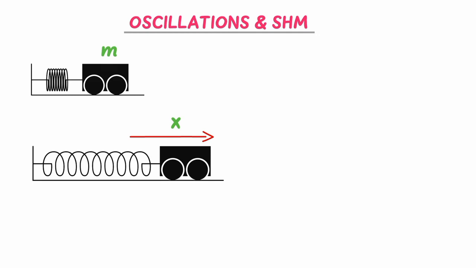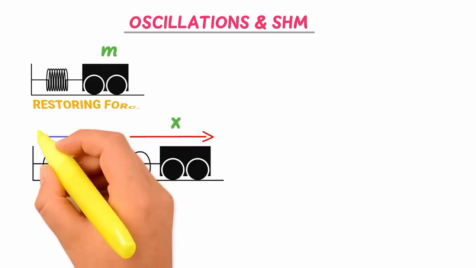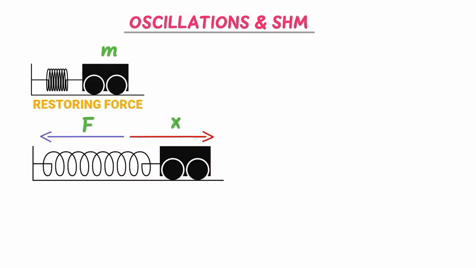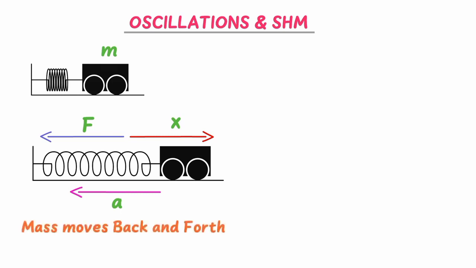Due to displacement x, restoring force F is produced in the elastic spring. This restoring force produces acceleration in the mass. As a result, the mass moves back and forth about its mean position.